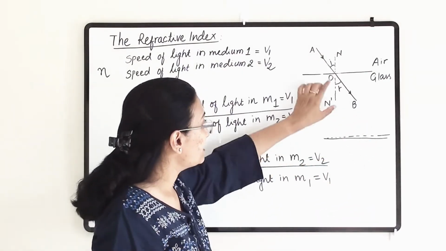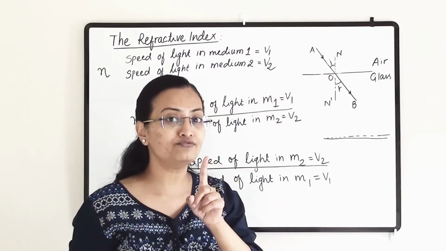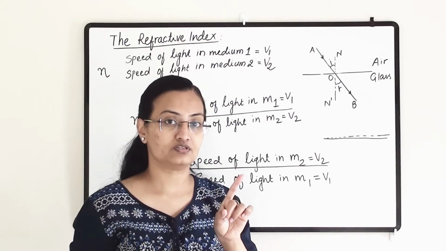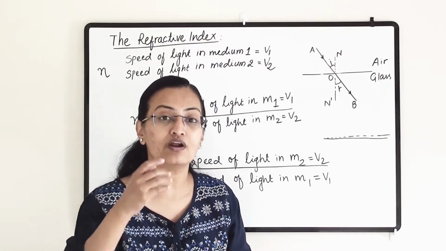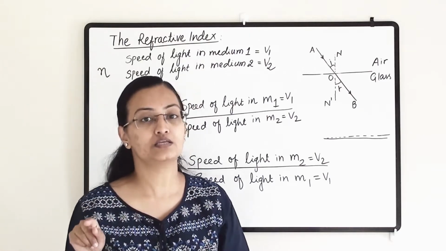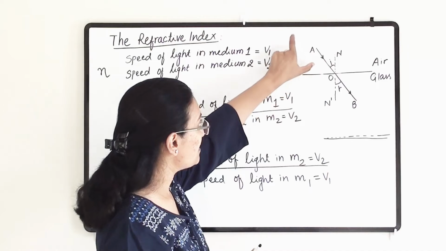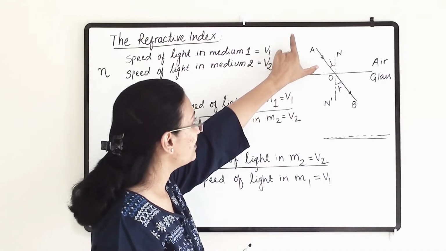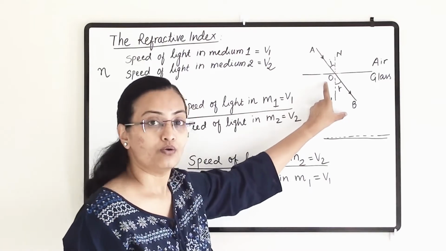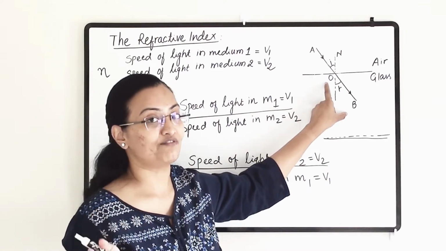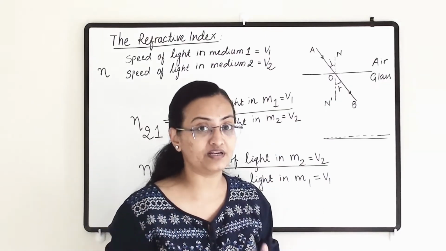Like that, when comparing two media, we have to make one of the rays a reference to check how much the other ray has bent when passing through. So when finding for this, we make this the reference ray, or when finding for AO, you make OB the reference ray. That is how it works for the refractive index.